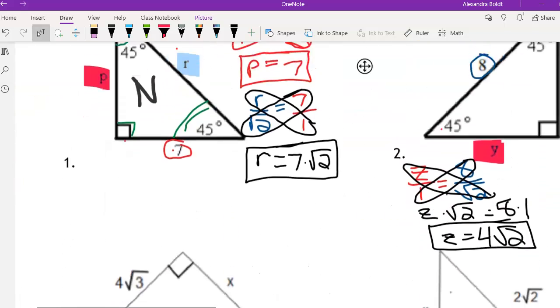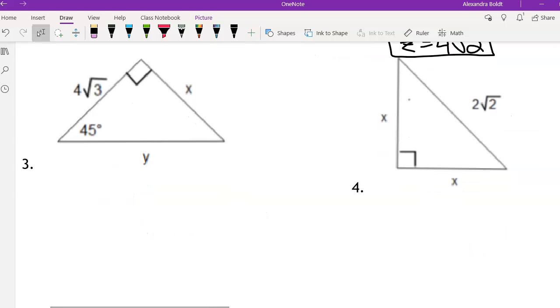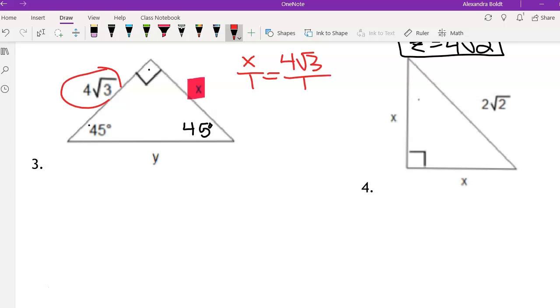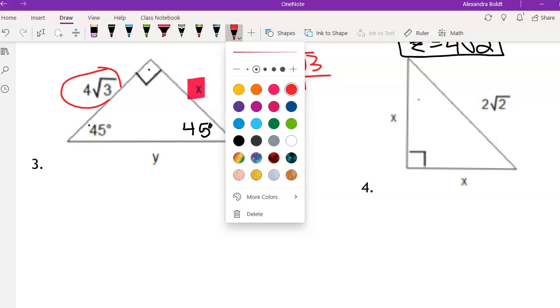Let's look at one more. Well, let's look at both of these. So here, we'll solve for x first. X is a leg, right? If this is my 90, this is 45, then this is also 45 degrees. And again, my legs are 1, so it's x over 1 equals, this is also a leg, 4 square root 3.